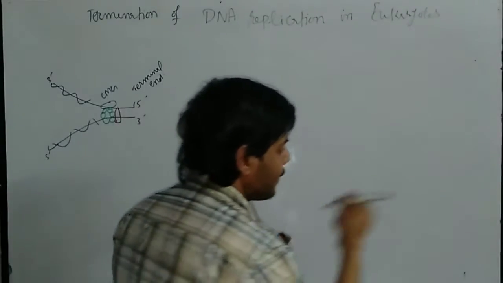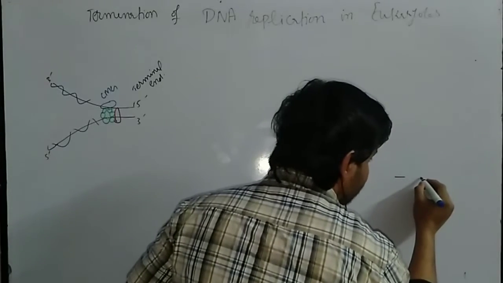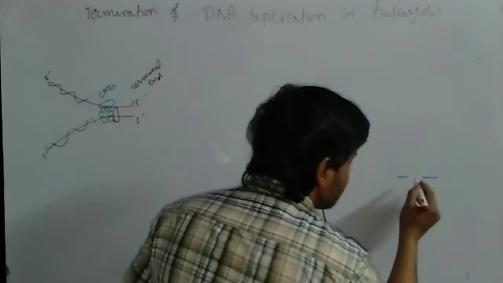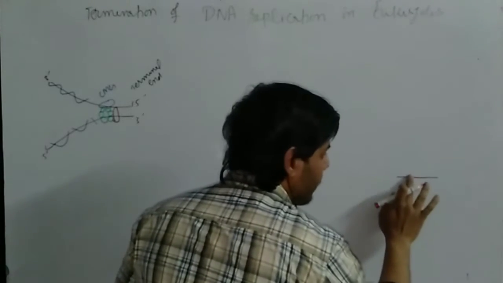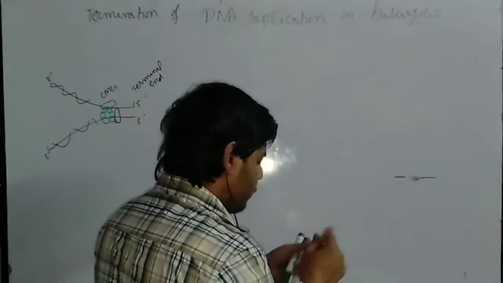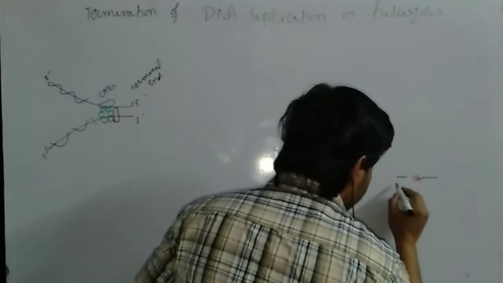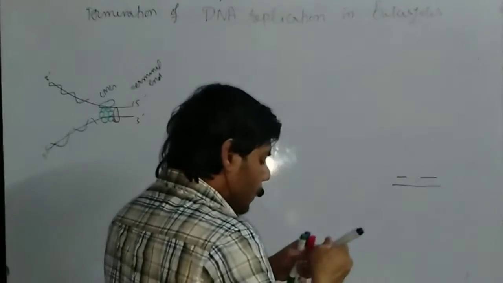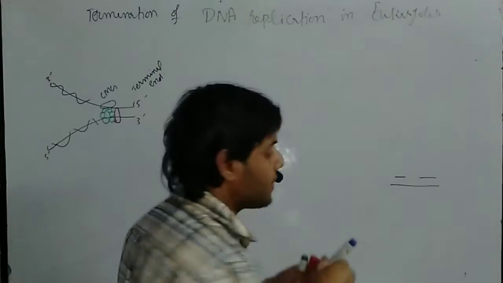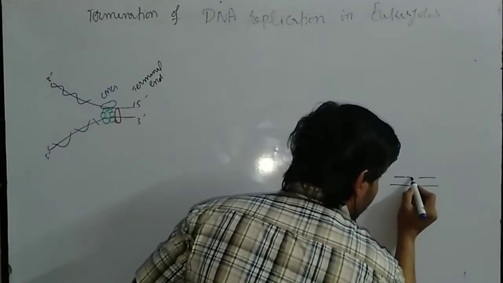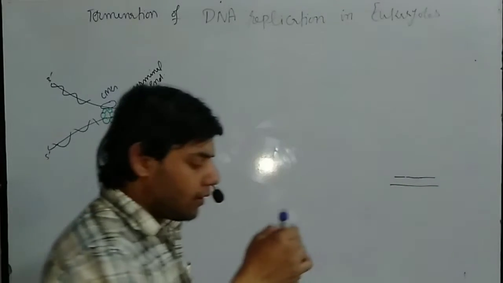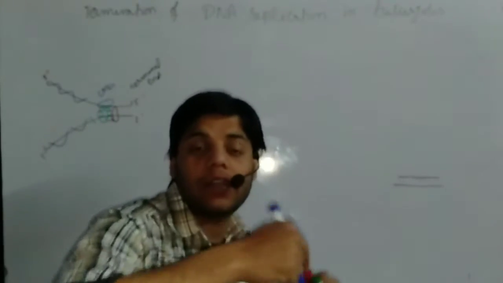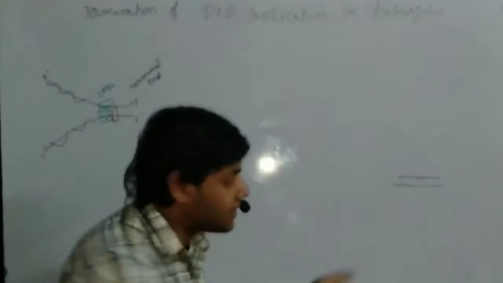Let's suppose these are the two DNA strands and a gap is formed. Let's suppose this is the RNA primer. This RNA primer should be removed. Now the RNA primer is removed. This is the template strand. Now the gap is filled by DNA polymerase alpha, which can fill up the gap by adding the correct DNA nucleotides, but still the nick is present, as you can see.